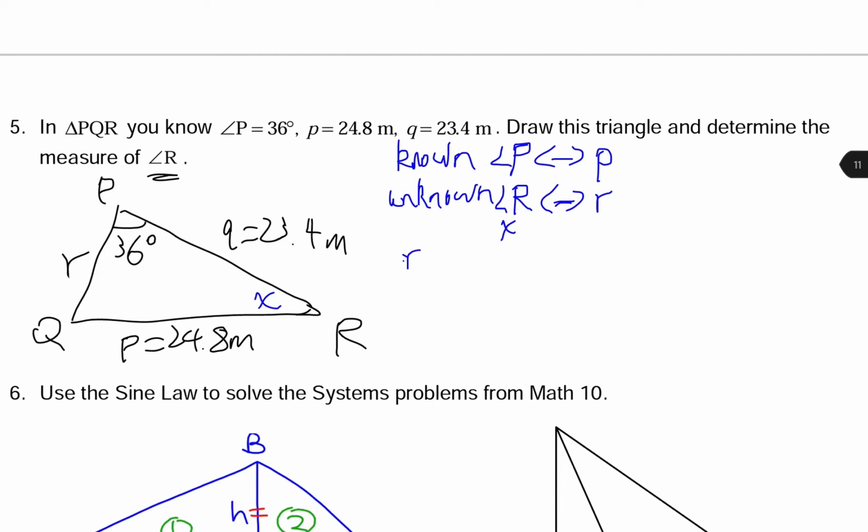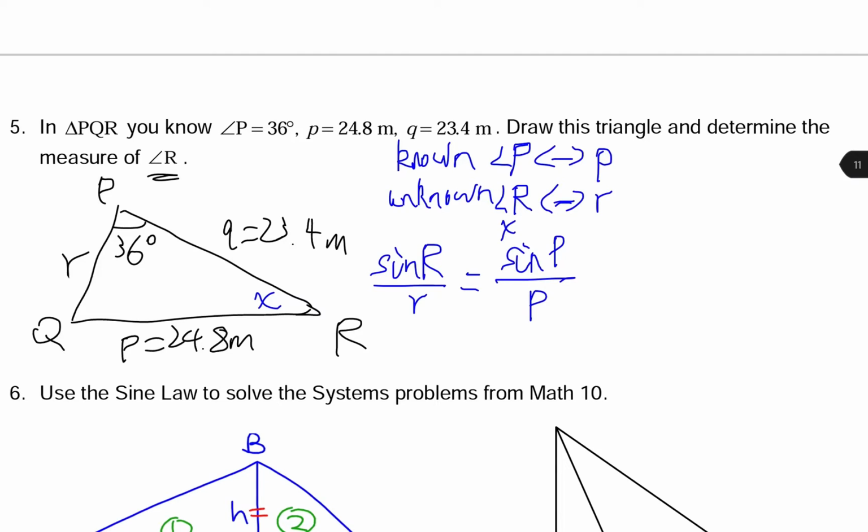Let's start with the known. It doesn't matter which version you use, but since we're solving for an angle, we probably want to use this one first. So sine R over r is equal to sine P over p.